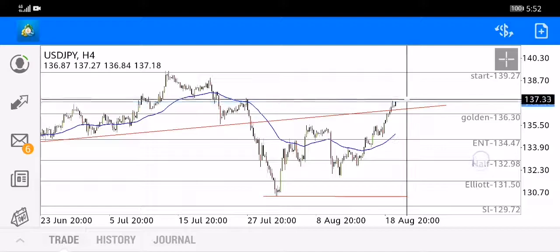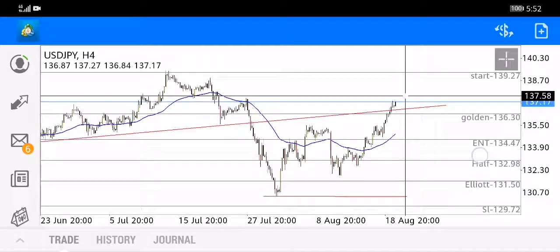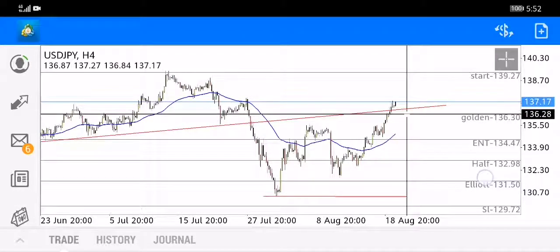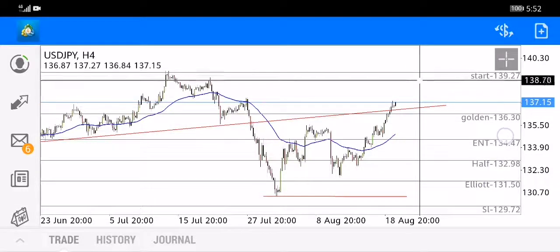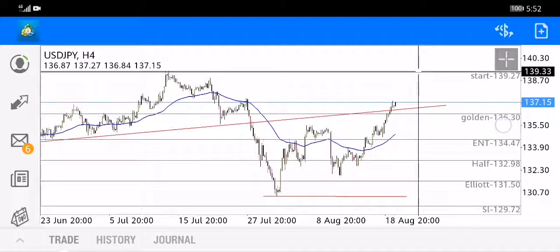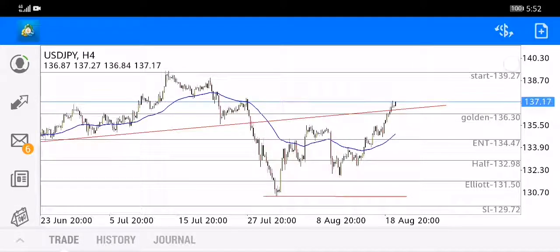The suitable entries are buying entries for today, and if the market takes a pullback to 136.30, then this is perfect for buyers to hold their trades up to the 139.27 level. So hopefully you guys understand the USDJPY currency pair situation.